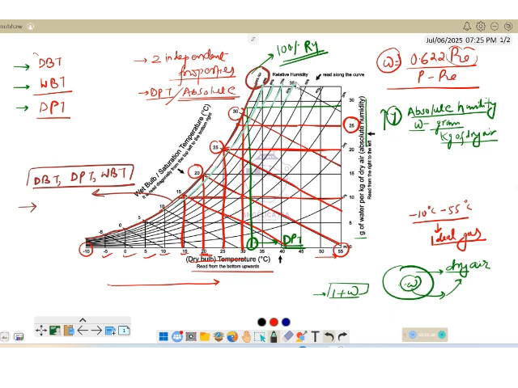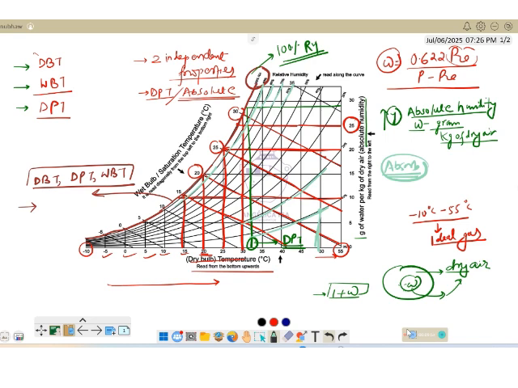So gradually, you can see that as the temperature is increasing, the relative humidity at some point decreases, because as the temperature increases, the ability of atmospheric air to absorb the moisture increases. So this is the one thing that we need to emphasize.